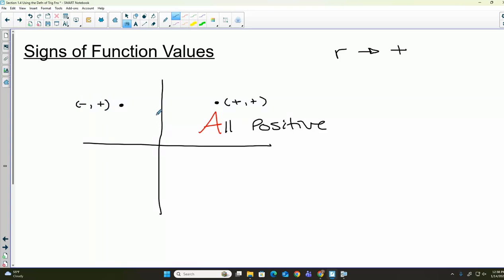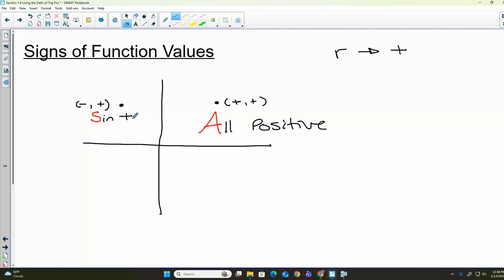If we think about this, sine is y over r. So sine would be positive. And if sine's positive, what other one would be? What's the reciprocal of sine?